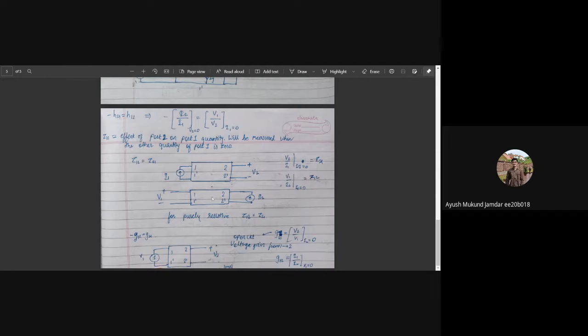If this is a purely resistive network, these quantities will be equal, and when we have the ratios in these two cases, we can find an unknown out of V1, V2, I1, I2 when the other three are known. This may make circuit analysis simpler, though not every time. It may make it easier in certain cases, and this can be understood by practice, by trying to see for which parameter set reciprocity can actually simplify the circuit rather than making it complicated.